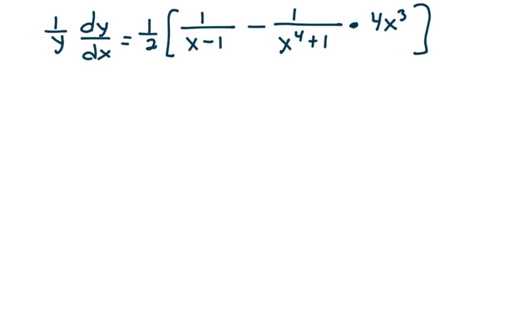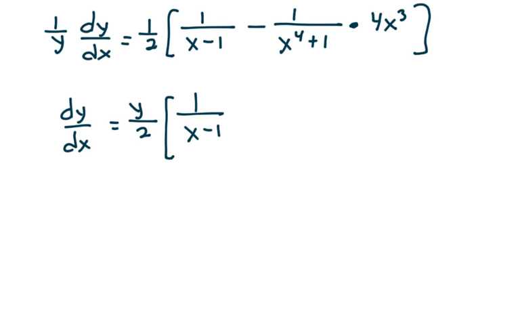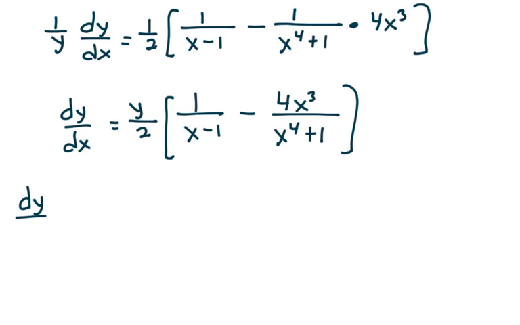Now I'm going to multiply both sides by y. So dy/dx is y over 2 times 1 over x minus 1 minus 4x cubed divided by x to the fourth plus 1. And then all I have to do is put back what y is.